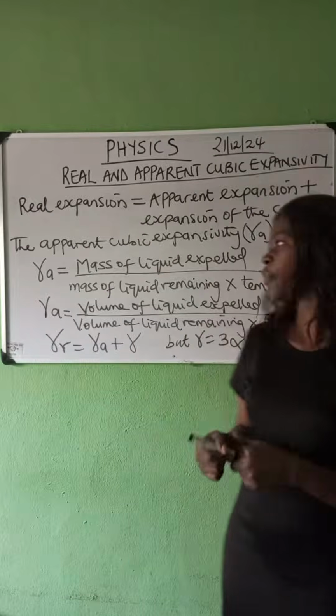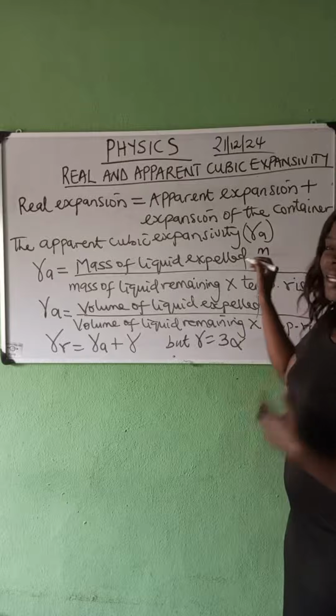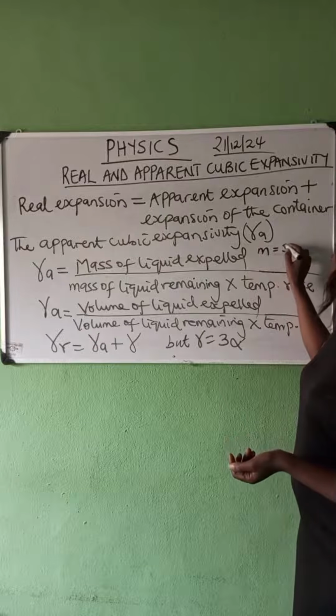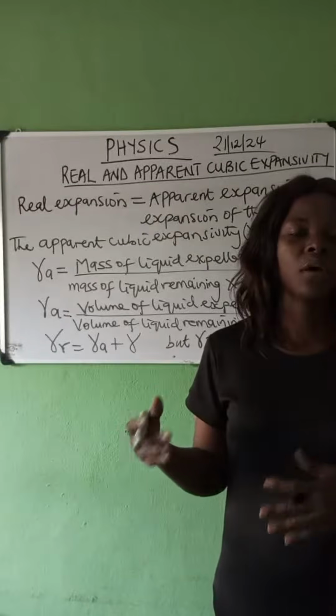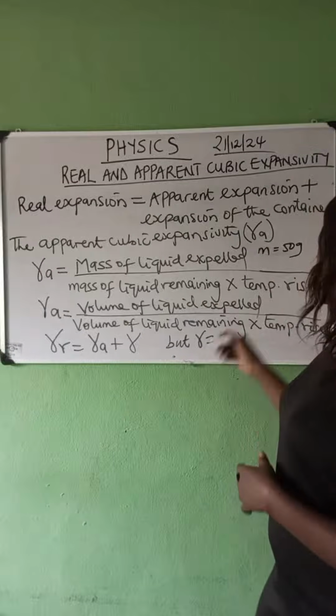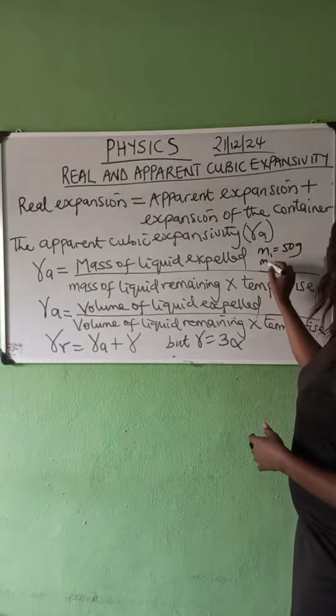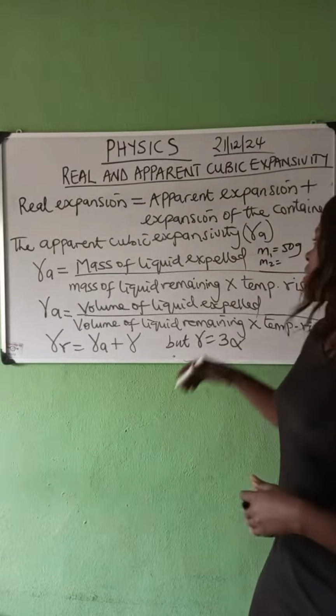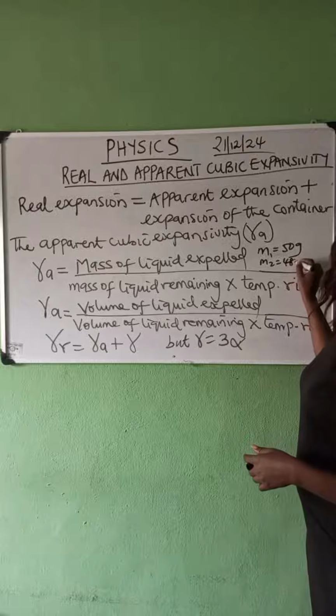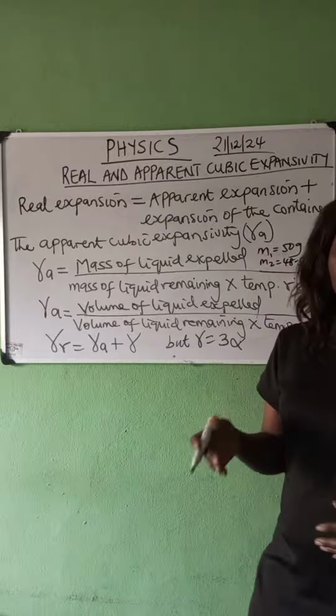For example, the mass of the liquid before it started heating happens to be 50 grams. Now after heating it for about 10 minutes over a certain temperature, you're going to have this M1. The second mass is going to be reduced. You might get 48.5 grams. Why is this so?